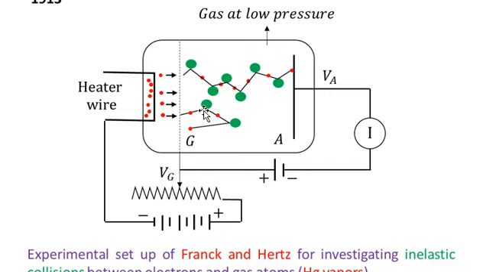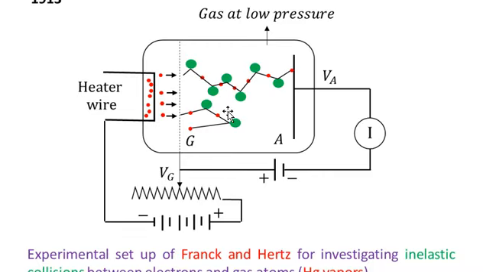So when these electrons excite some levels in the mercury atom, what will happen? These electrons will have given a significant amount of energy to the neutral mercury atoms, by which the mercury atoms are excited, and these electrons are now left with insufficient energy to penetrate through the distance of the chamber and reach the anode.